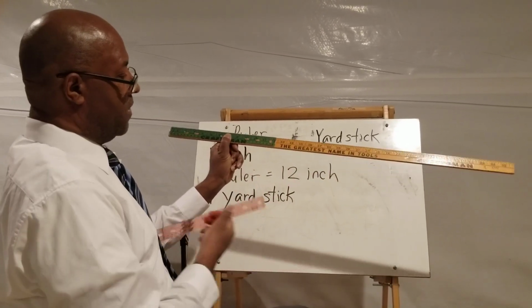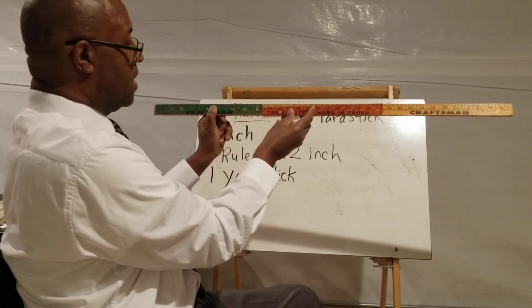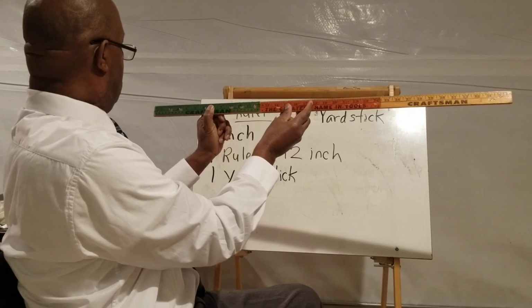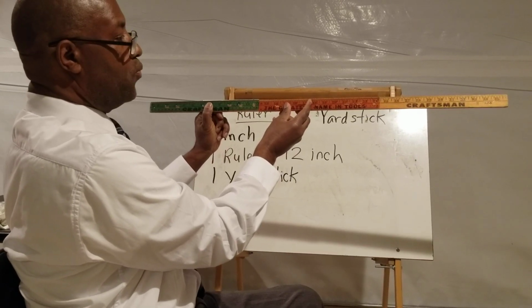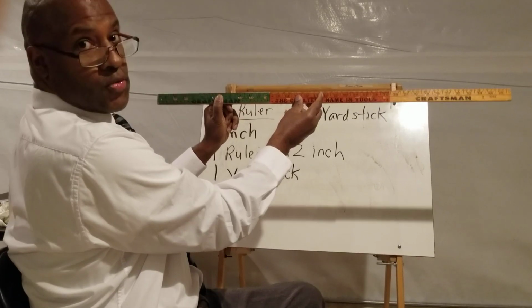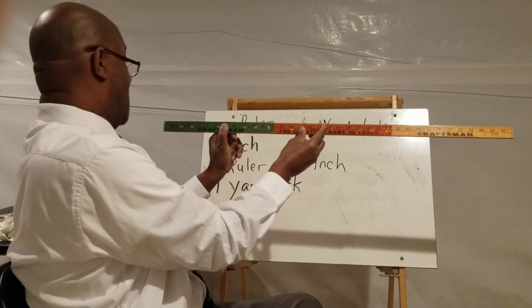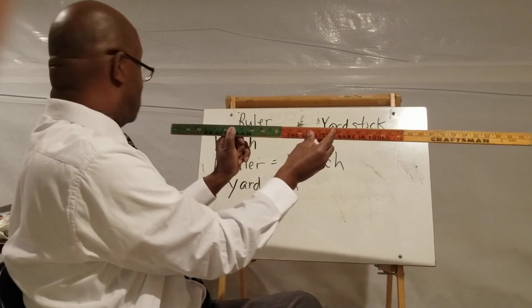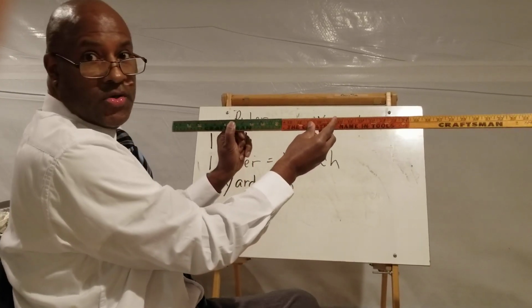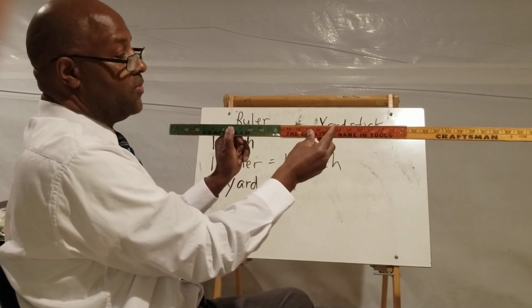Then we put another ruler there, and it goes all the way over to 24 inches. Now, I only have 2 hands, boys and girls, so I can't do the magic trick of using this third ruler, but I do have a third ruler over there on my table.